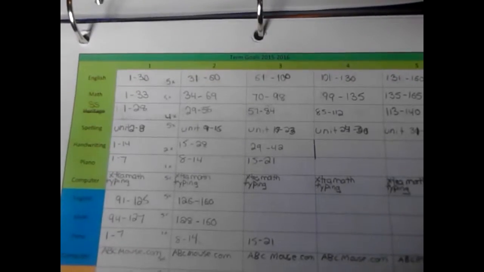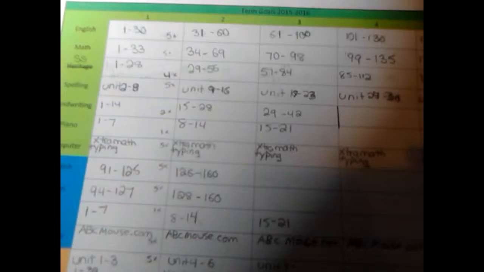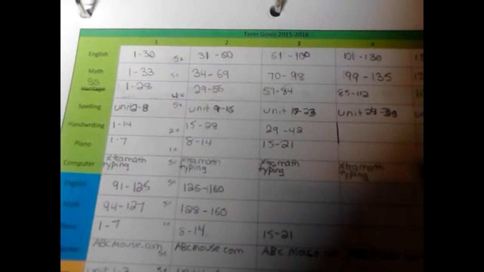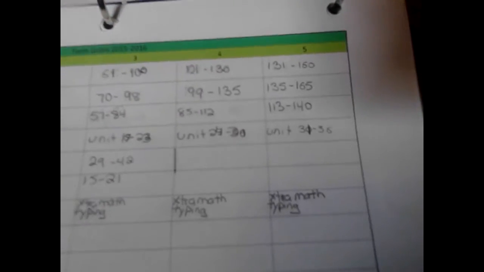So I took 160 lessons and divided them into 5 terms to see approximately how many I would need to do in each term. So what it ended up to be was 32 lessons per term.